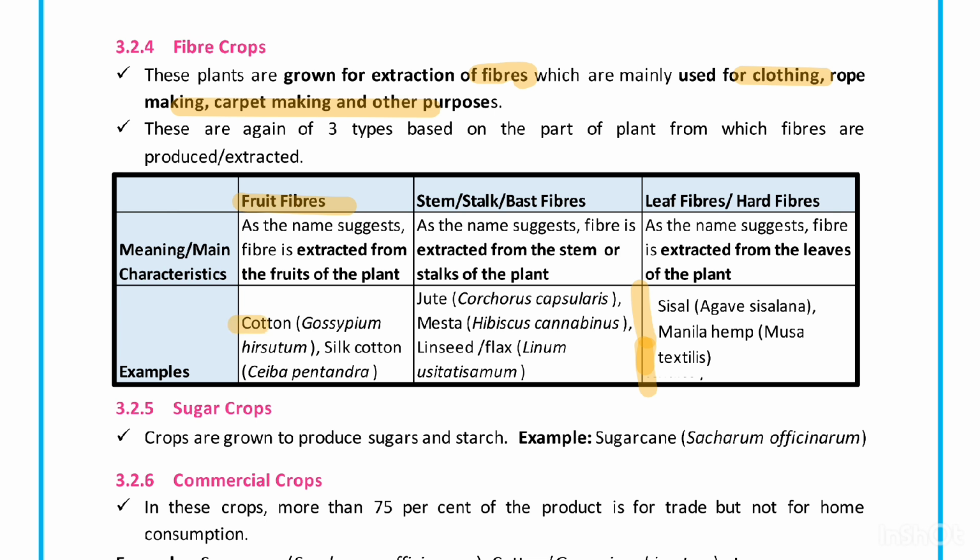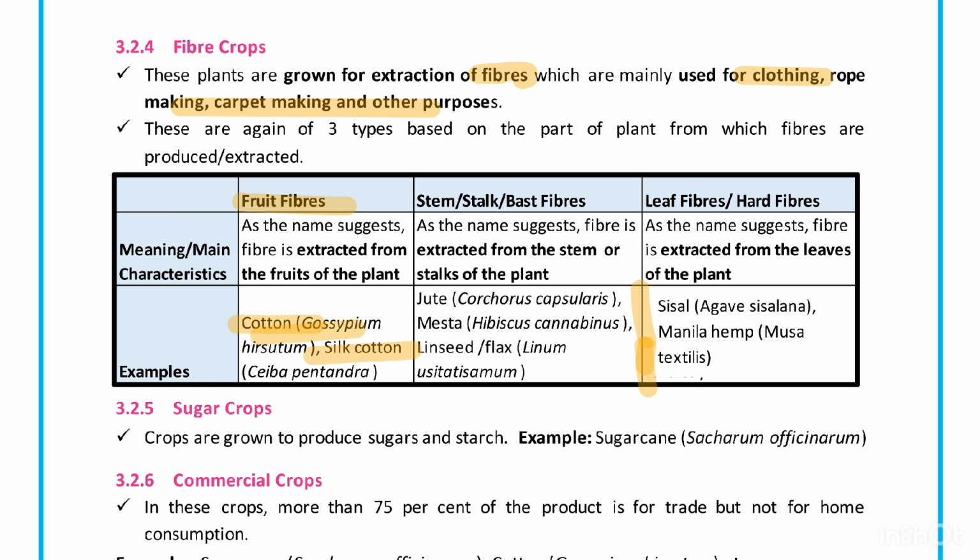An example is cotton, silk cotton. You can see the cotton fruit, the cotton boll. This is a cotton fruit which produces this fiber, and this fiber is extracted by us. That is why it falls under the category of fruit fiber.